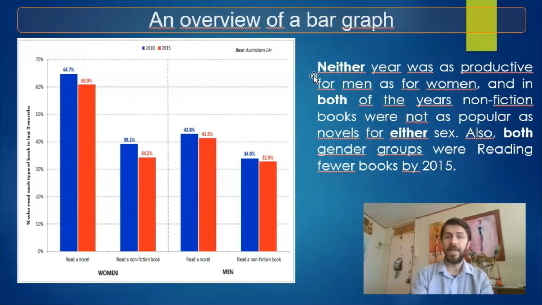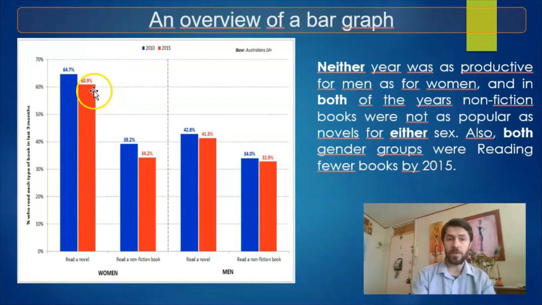It says neither year was as productive for men as for women. Okay, so if you look at the data here, right, in all the categories, women read more than men. For example, here we have read a novel, right? You can see in the blue is 2010 and the red is 2015, right?